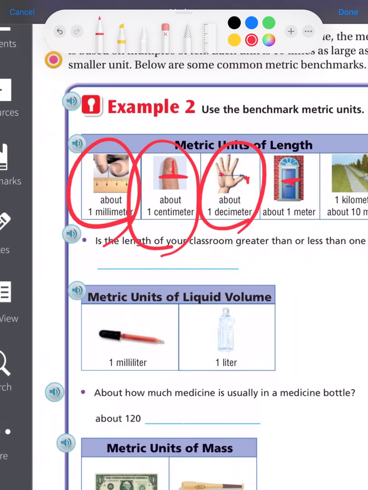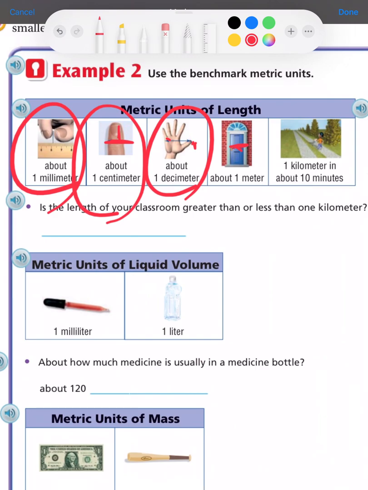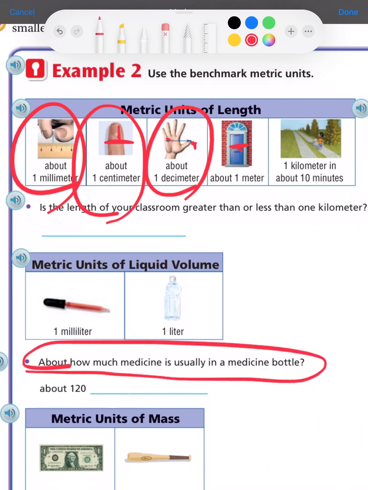Metric units of liquid volume, how much something holds. If you think about a medicine bottle, they want to know about how much medicine is usually in a medicine bottle. I can even think of medicine bottles that have droppers like this in it, right here. That foul pink amoxicillin you might take when you have an ear infection or something like that.